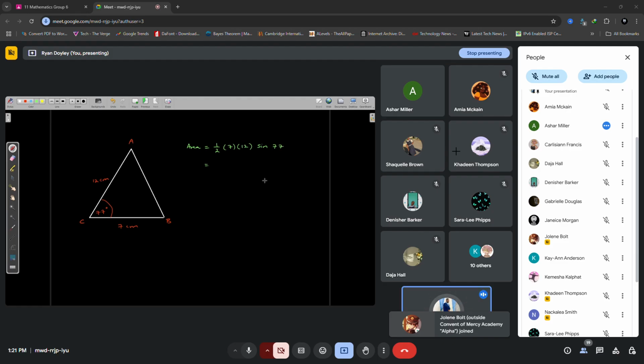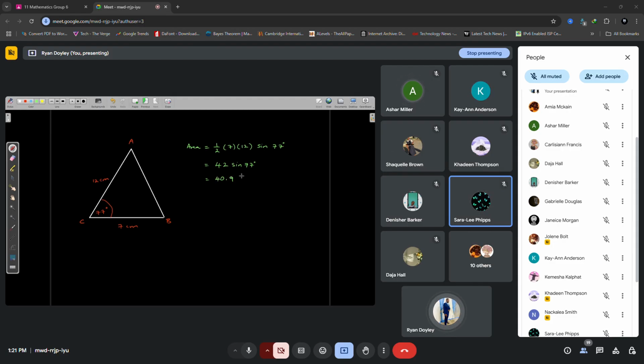So when we work this out, I don't have a calculator, so 7 times 12, that's 84, divided by 2, 42. All right, so what do we get when we put this on our calculator? 40.9.